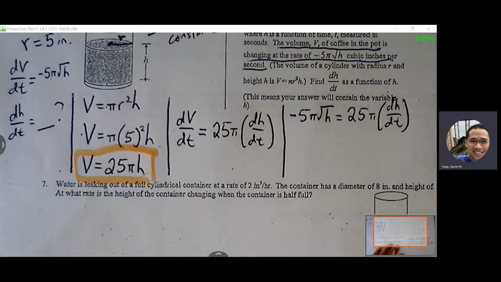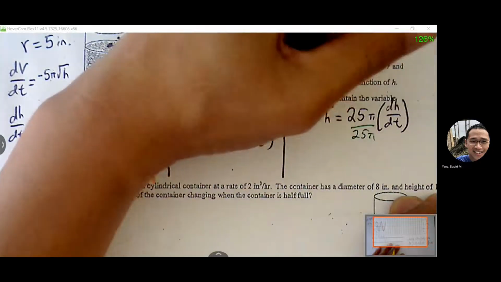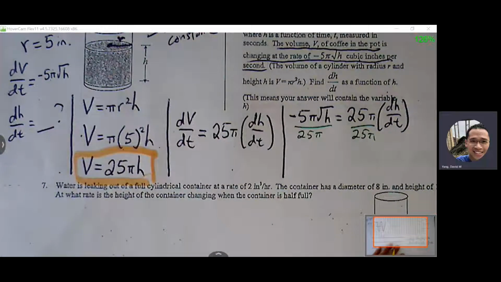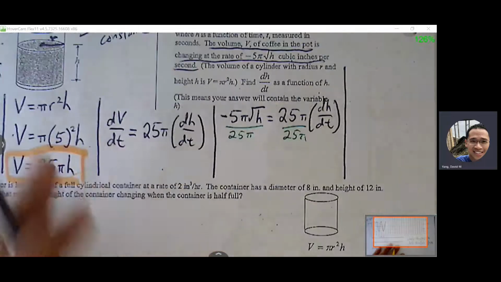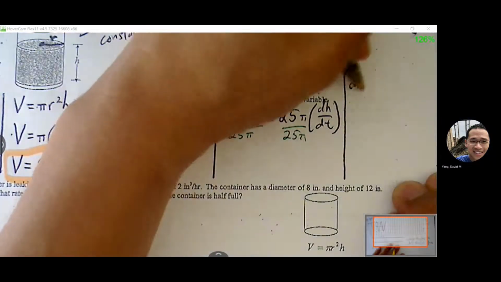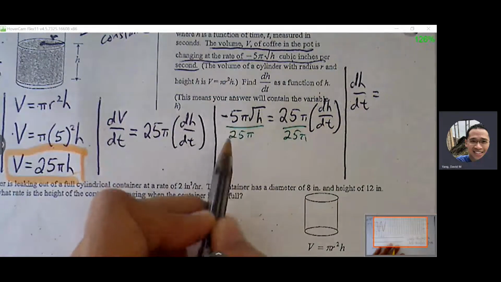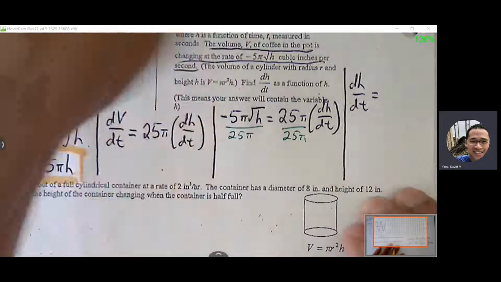Okay, divide both sides by 25 pi. Reduce, reduce. They say that h will be in our answer, so that's fine. Pi's cancel out, the 5 and 25 cancel out, so I'm left with negative root h over 5.